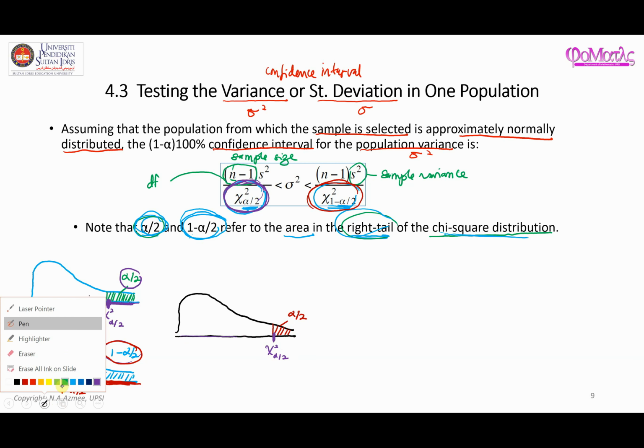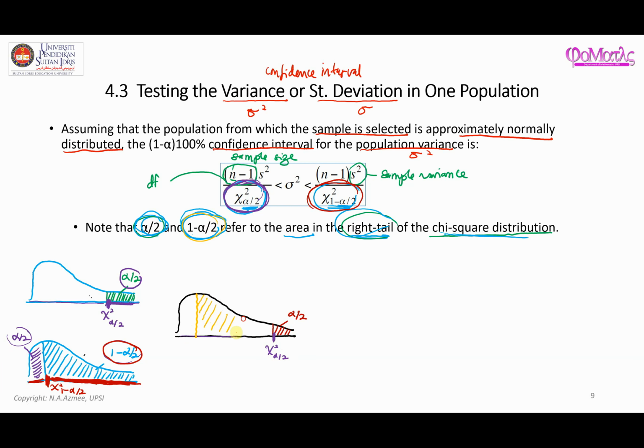Next, if you have 1 minus alpha over 2, which is from this one and goes on until the end, then this particular point on the horizontal axis is going to be called chi-squared 1 minus alpha over 2. So that's the meaning of these two symbols which you have seen in the formula above.